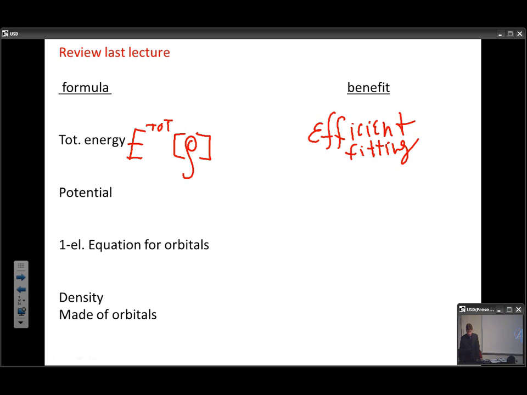Then, as soon as one does have a functional, one can apply the concept of functional derivative. So instead of energy, getting something that may later act on the wave function and serve as an operator. And this potential can be expressed as the functional derivative over density of this total energy minus kinetic.